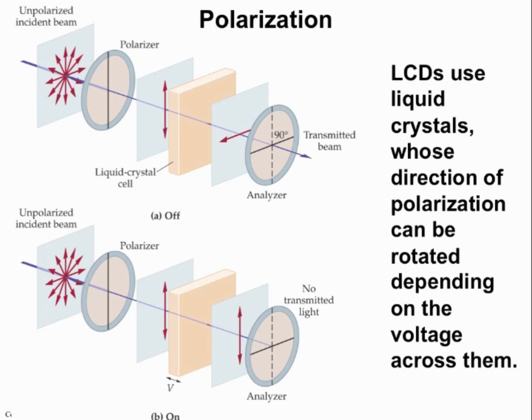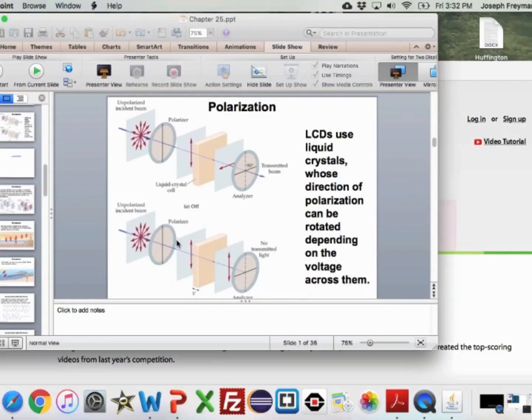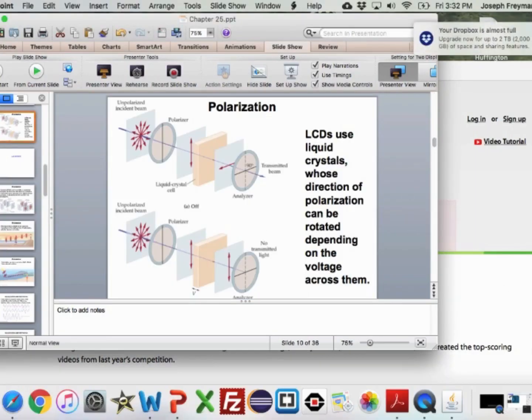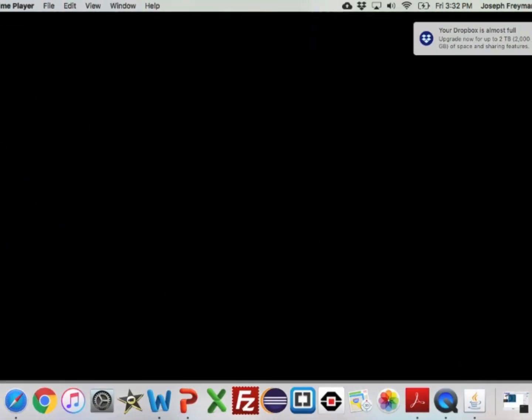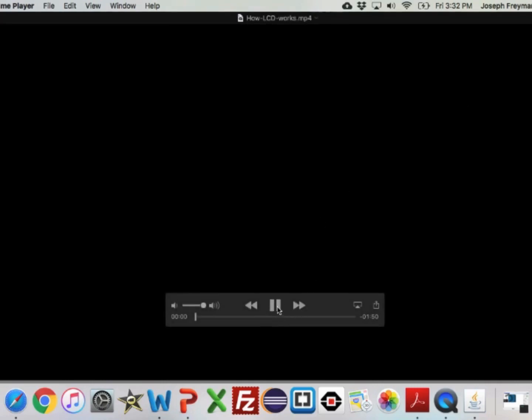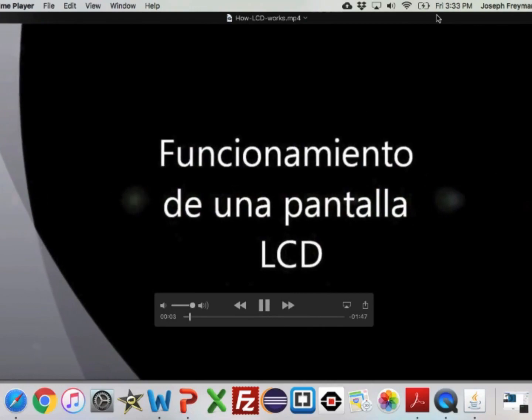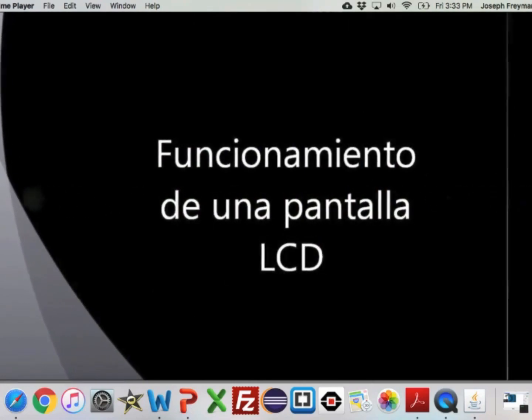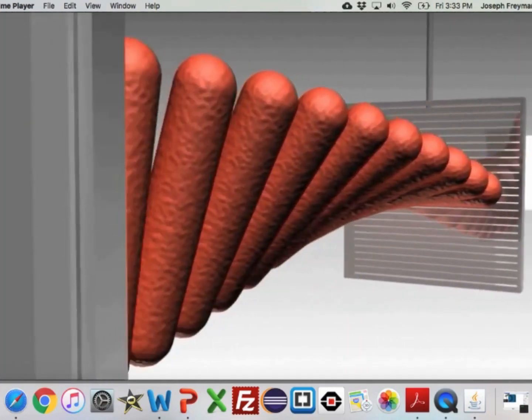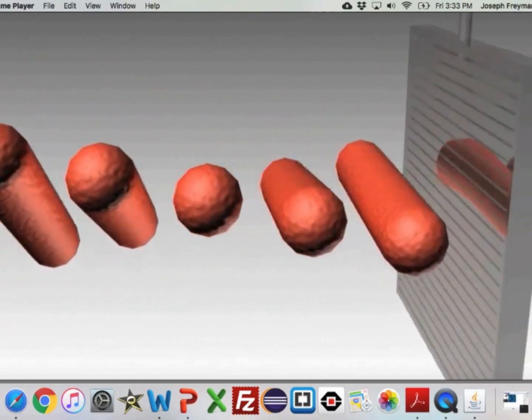All right, I'm going to show you a little animation of a liquid crystal display. Okay, so what we have here is a representation of an LCD, and it's represented by the hot dogs.